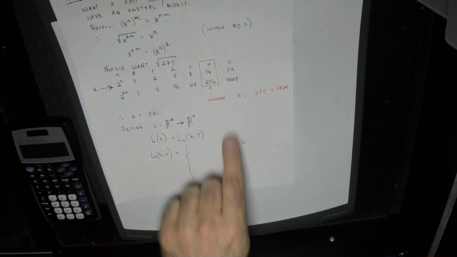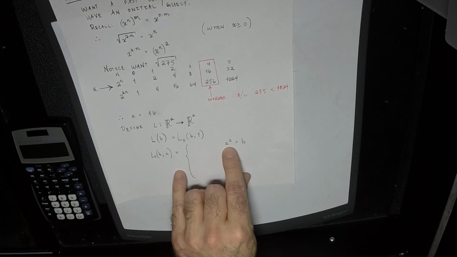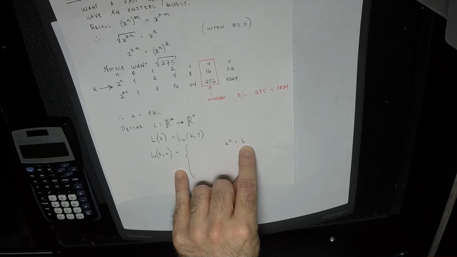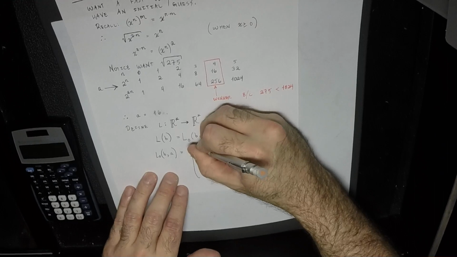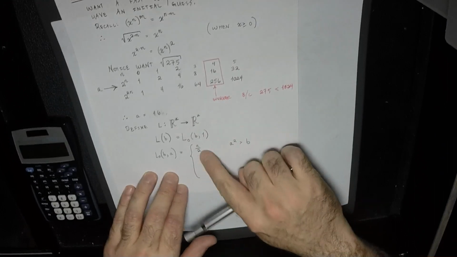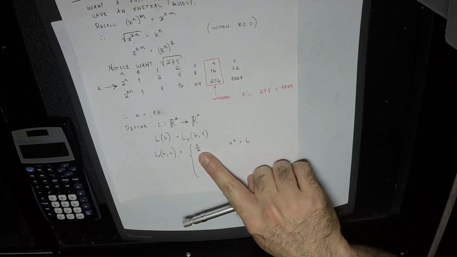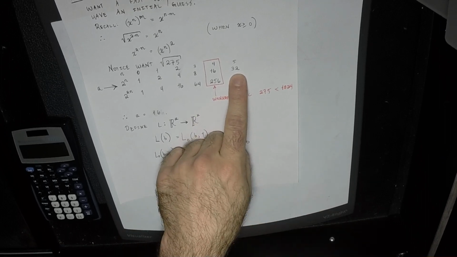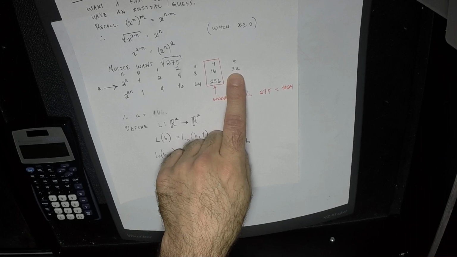So in the case of 32, if 32 squared is more than B, then the answer is A divided by 2, the previous power of 2. When we got here, A was 32, and then we squared 32 and said, oh, that's 1024. But that's too far, so the answer must be the previous power of 2, 32 over 2.